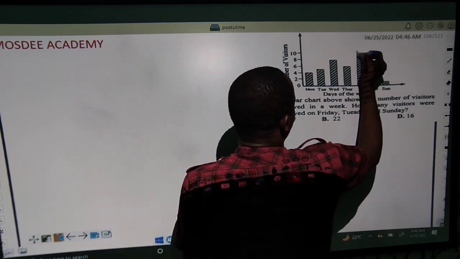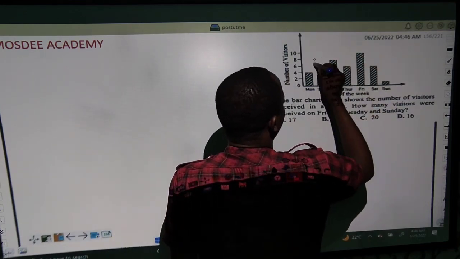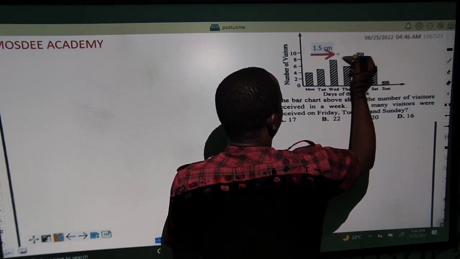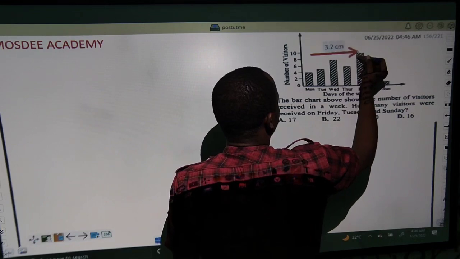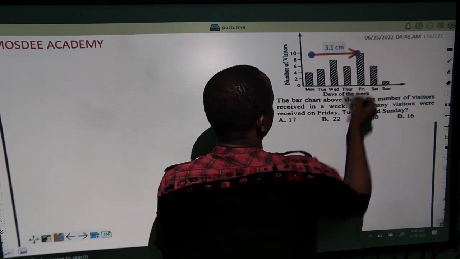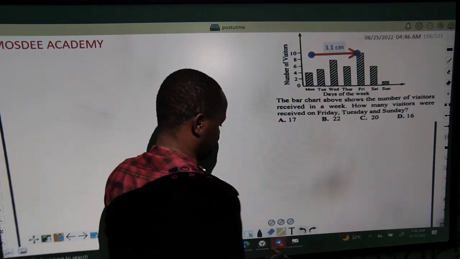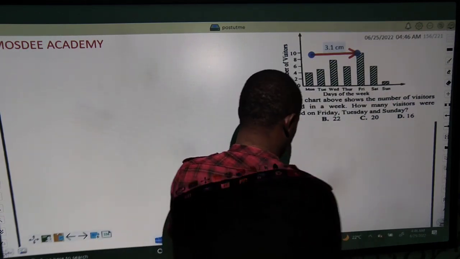Now Friday is this. I'm not double clicking and this one is double clicking. I'm supposed to make it the other way around. That's Friday, if I'm not mistaken. Friday is more like 9. That's what I'm seeing, that's why I'm using that arrow.